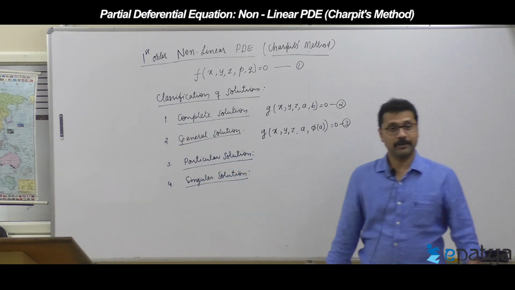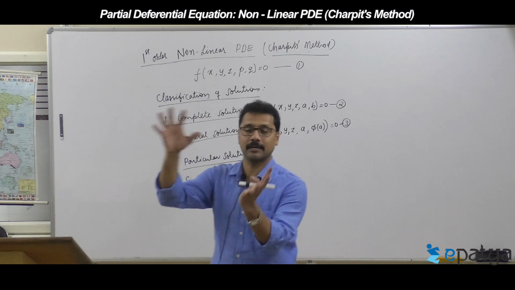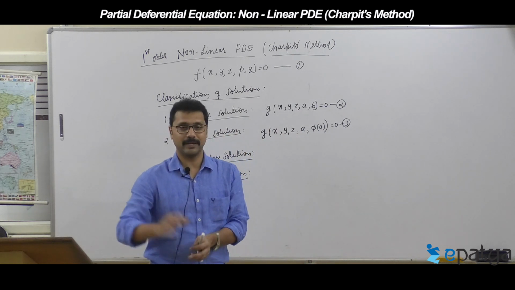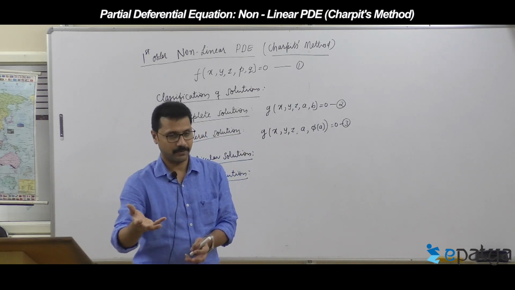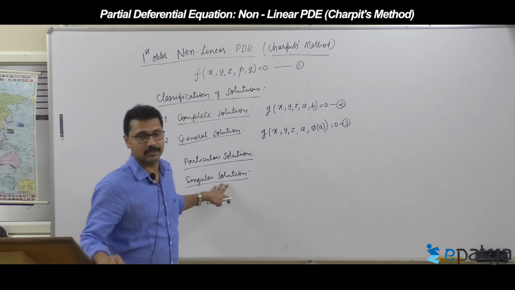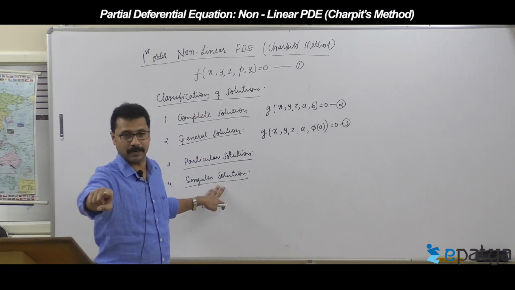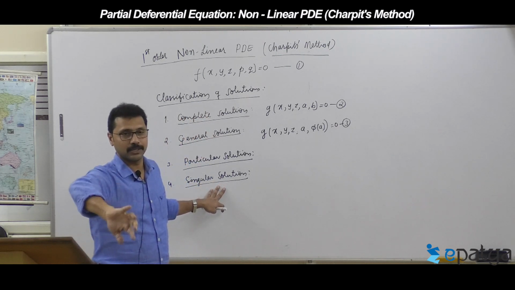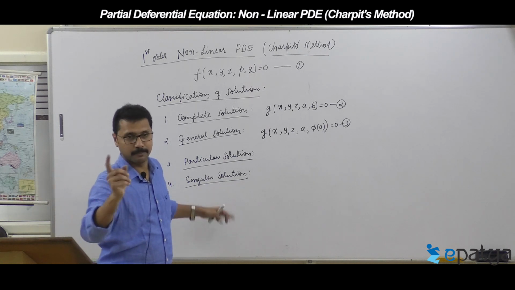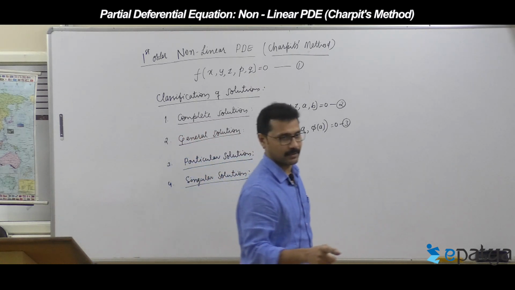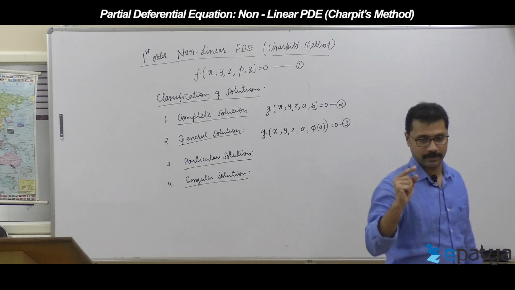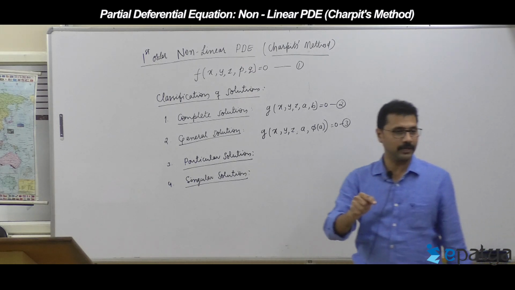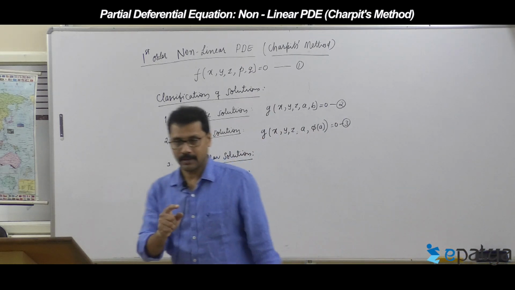Now, for that family, the sphere becomes the singular solution. Sphere again is a three-dimensional object. So when I compute the singular solution for that family of tangent planes, what I am going to get is the sphere. And the sphere is that object which touches every member of the family, every tangent plane, right?